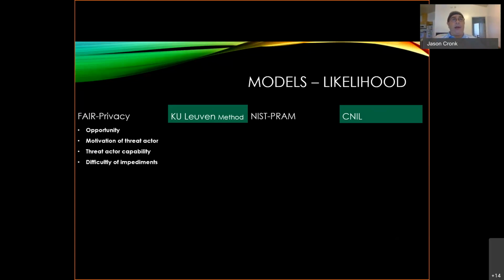The third factor in FAIR privacy is threat actor capability. There's a difference between capacity and capability. Capacity is that opportunity. If I give you data, now you have the capacity. Capability is: do you know what to do with it? If it's a wealth of data, do you have access to a supercomputer to analyze it?